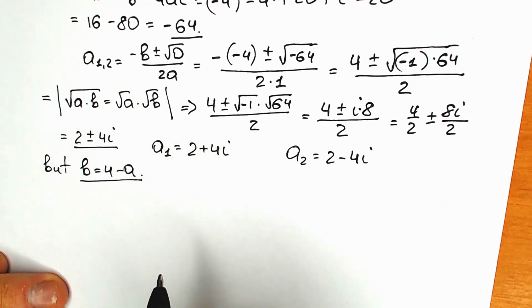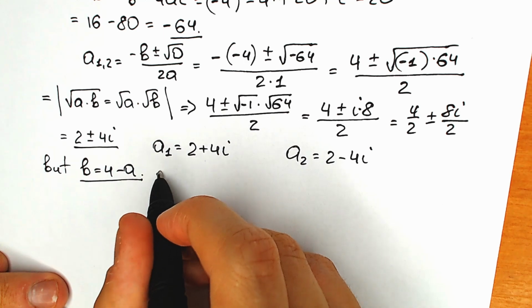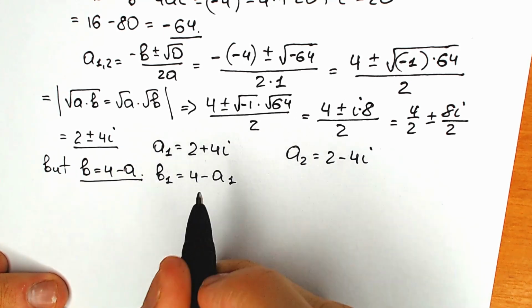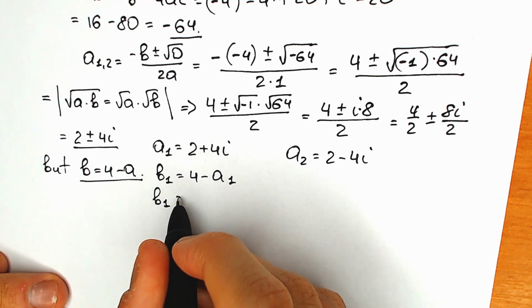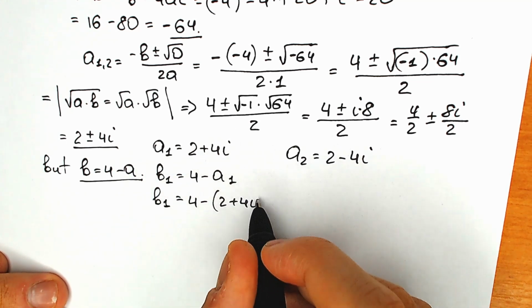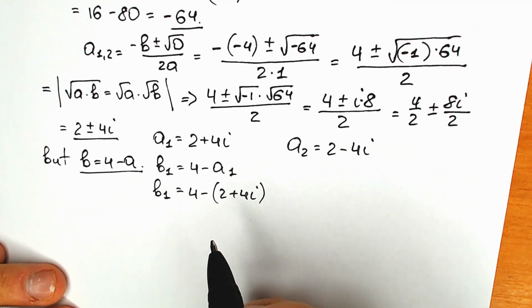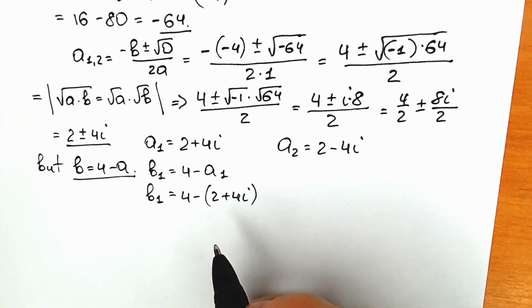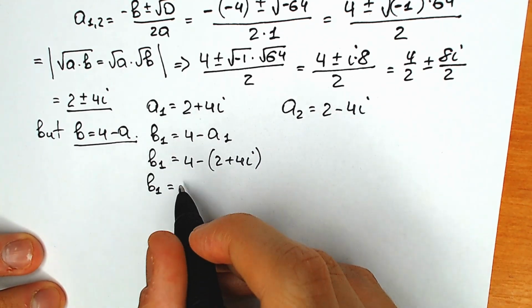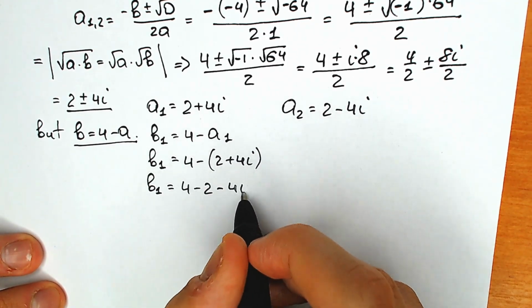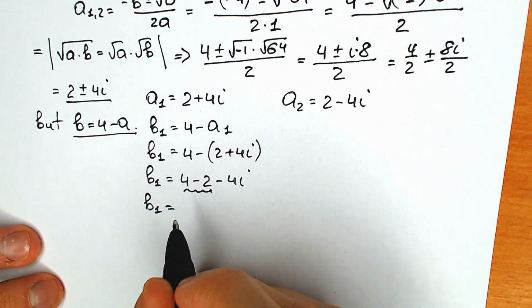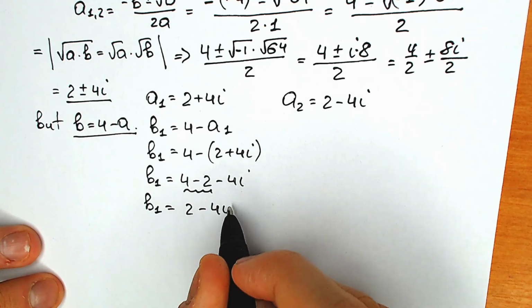So right now let's find our b first. b first will be equal to 4 minus a first, and a first is 2 plus 4i. Right here we have parentheses, so b first is equal to 4 minus 2 minus 4i. We can easily subtract 4 minus 2, and our b first is going to be equal to 2 minus 4i.